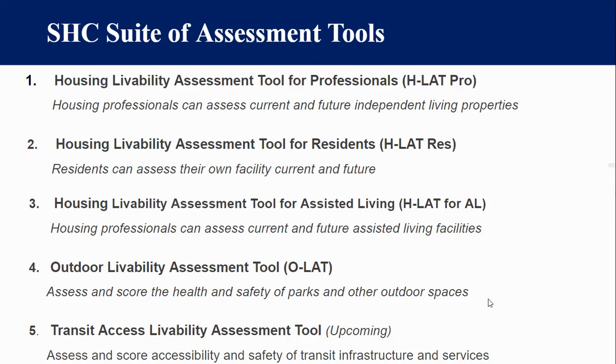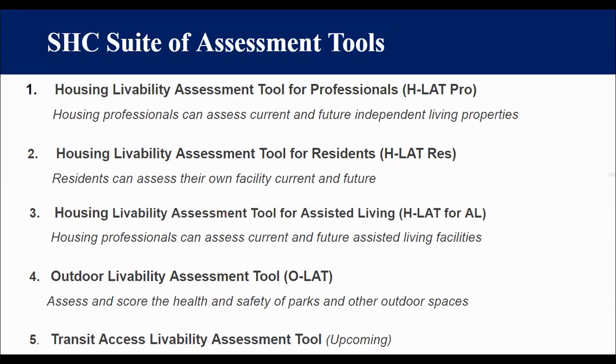We have the outdoor livability assessment tool that we're talking about today, and then we have the transit access livability assessment tool, and that one is upcoming and does similar things. We'll be able to assess and score different types of transit for older adults, and basically for accessibility for older adults and people with disabilities.